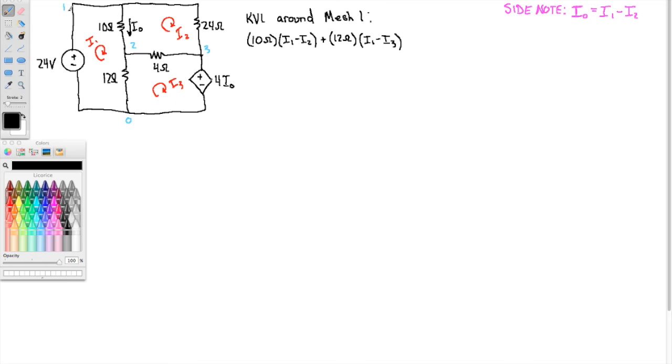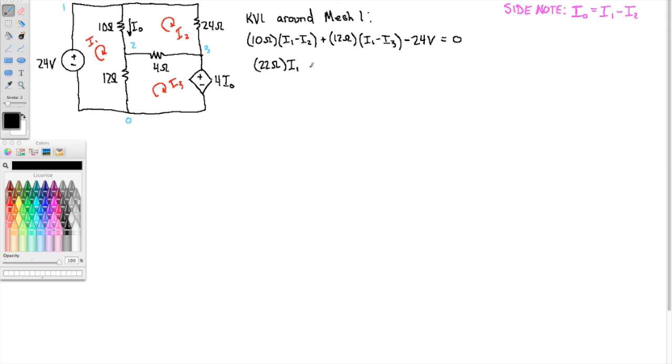I have to get back to node 1 where I started, so I need to increase by 24 volts. So that's a minus 24 volts equals 0. Let me combine some like terms. I've got a 10 and a 12, that's 22 ohms times I1.